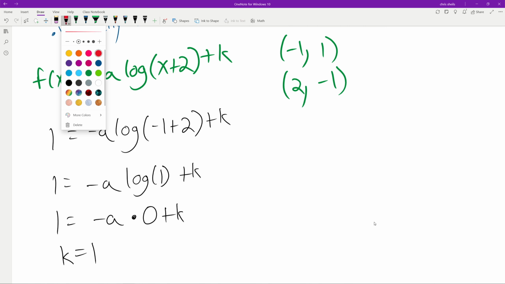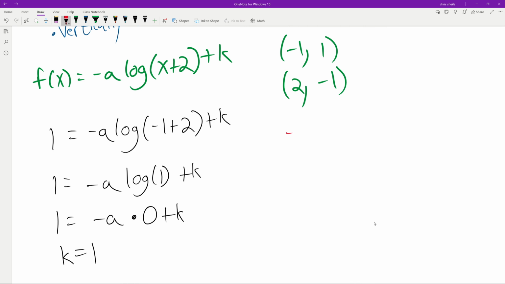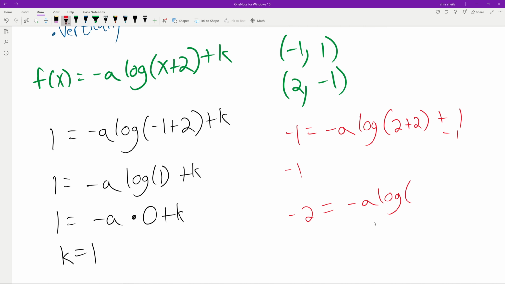And now, substituting in the other point here, f of 2 is -1. This is equal to -a log of 2 plus 2 plus k, which is 1. Subtracting 1 from both sides, I get -2 equals -a times log of 4.